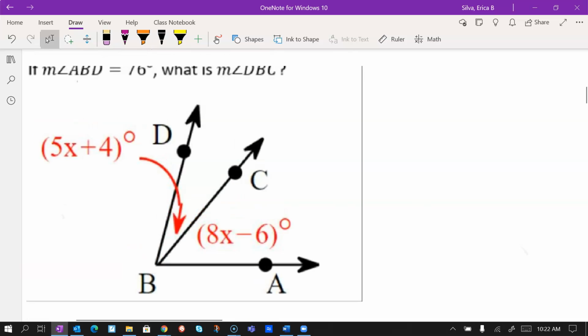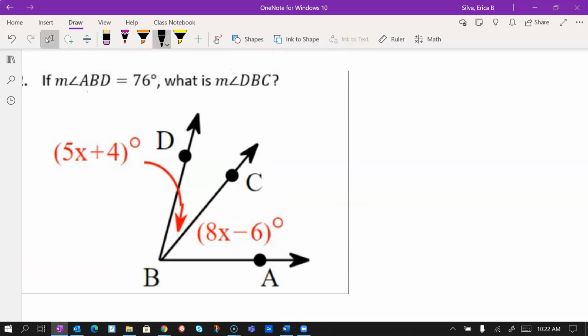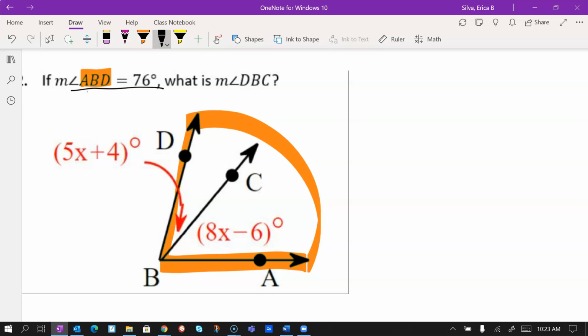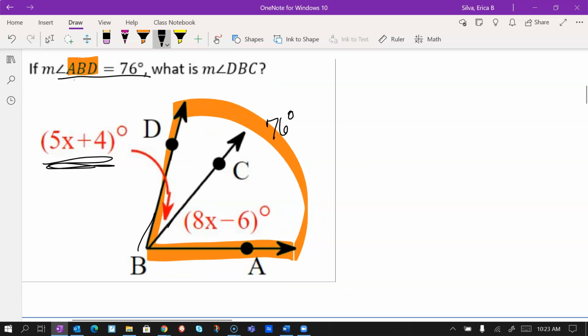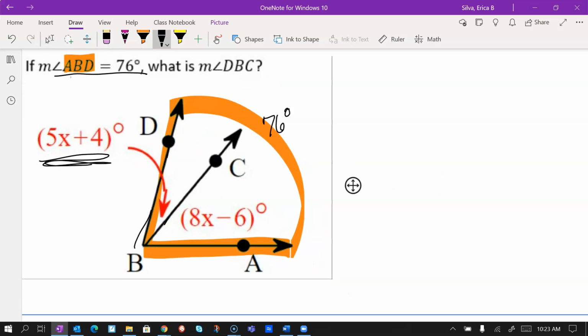The next one is using the angle addition postulate, which means that if angle ABD, this whole thing, is 76 degrees, what is the measure of DBC? So we're looking for this measurement. Notice how it has an X, so we need to solve for X first. We know that this angle plus this angle is equal to 76.